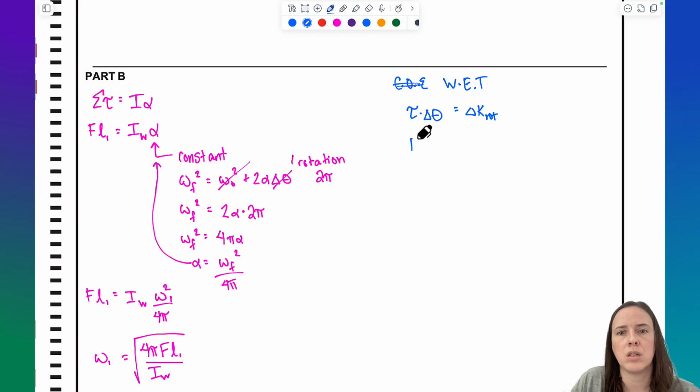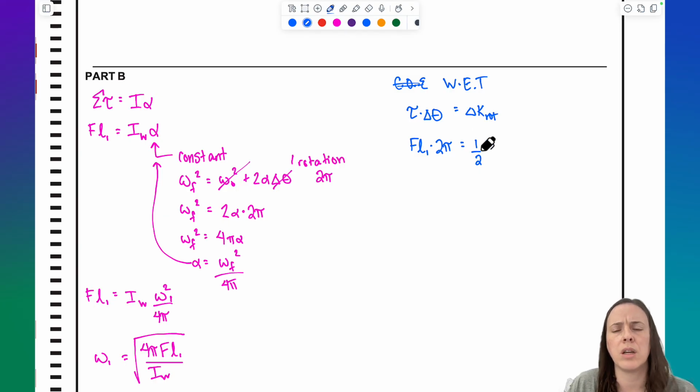My torque is the force times that lever arm again. My delta theta is still 1 rotation, so that's still 2 pi. I'm starting from rest, so the change in kinetic energy, and we're grossly ignoring plus and minus signs here, just so we're clear, is 1/2 I omega squared.